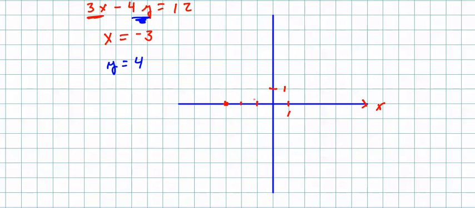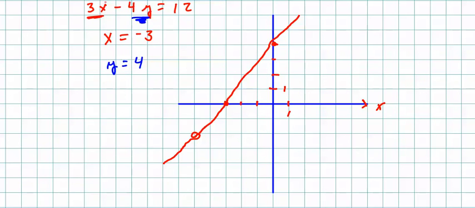I draw a dot. y is 4: 1, 2, 3, 4. I draw a dot. And using a straight edge, and it's hard for me to draw these lines straight, we draw our line.